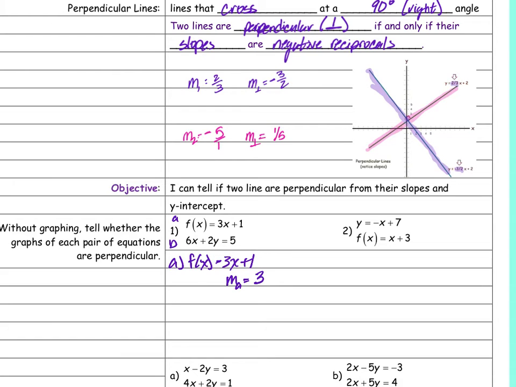Then we're going to find the slope of line B. B is 6x + 2y = 5. Subtract 6x, and I've got 2y = -6x + 5. Divide by 2. So y equals -3x + 5/2. So the slope of line B is -3.